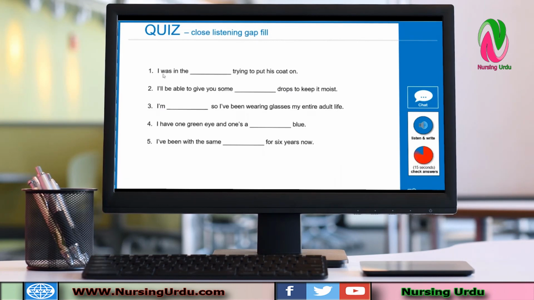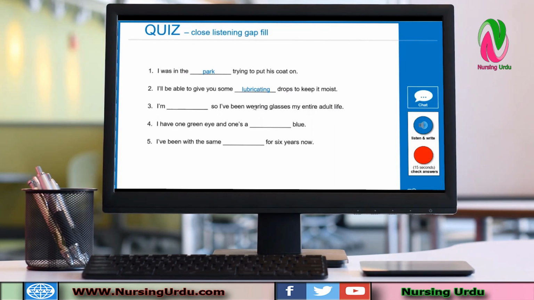Okay, so number 1, I was in the what? In the park, right? In the park. Number 2, I'll be able to give you some what to keep it moist? What kind of drops? Lubricating. Number 3, I'm something, so I've been wearing glasses my entire adult life.